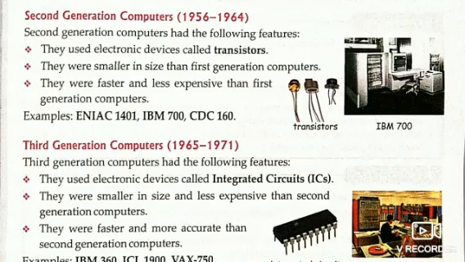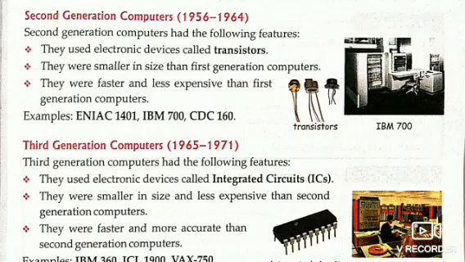Second, they were smaller in size than first generation computers. And third, they were faster and less expensive than first generation computers. Examples: IBM 1401, IBM 700, CDC 160.